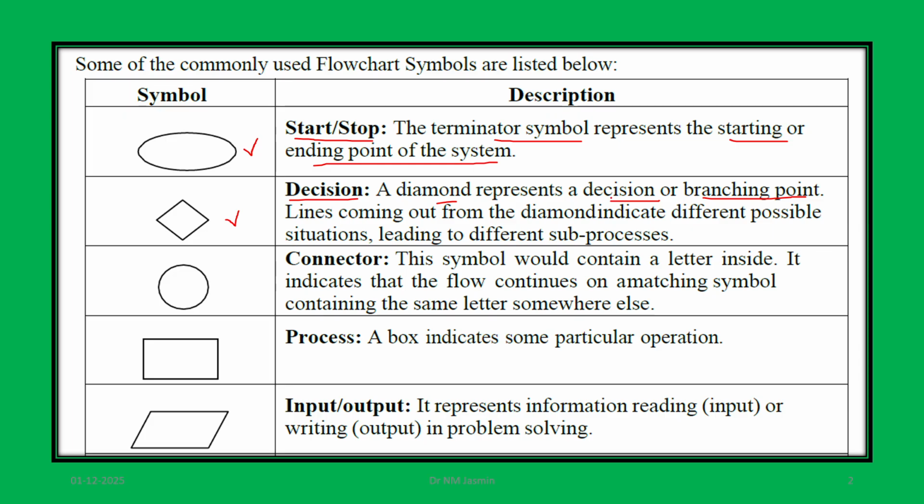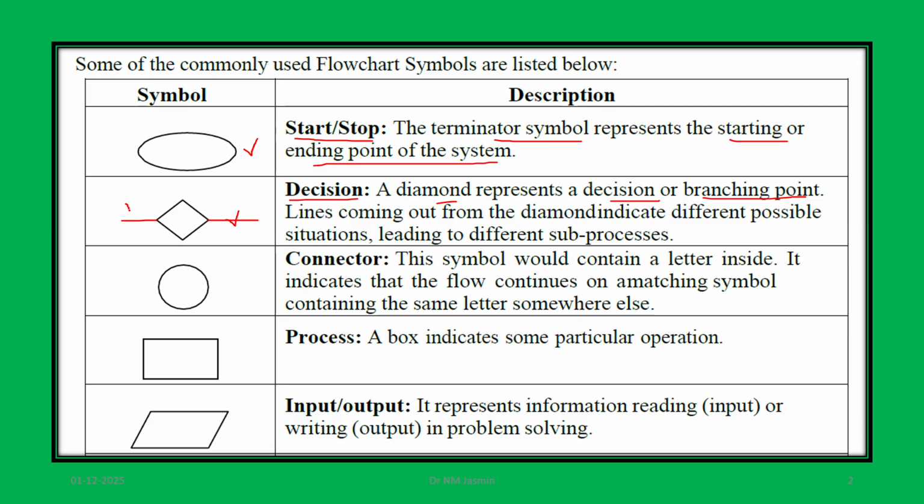Okay, so whenever you are taking a decision, here automatically we will draw lines like this, which come out from the diamond for different possible situations, leading to different sub processes.